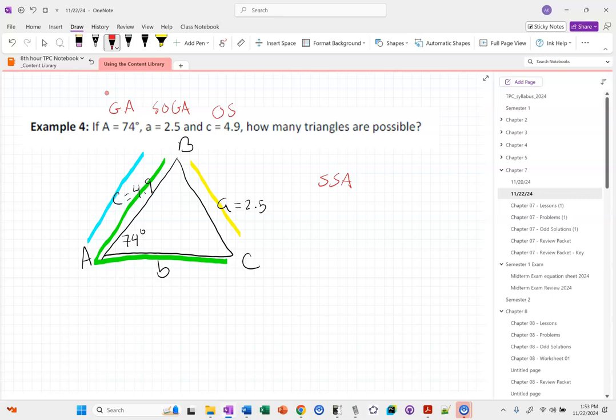So I've drawn my triangle. I've identified that it's an SSA case and labeled in my given angle, side opposite given angle, and other side. I noticed that my given angle is an acute angle, and my side opposite is less than my other side.